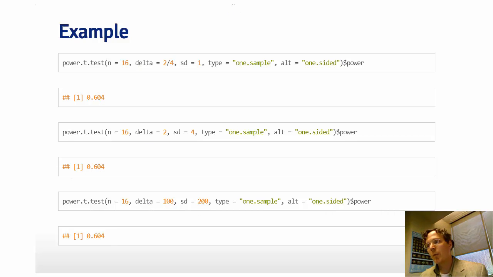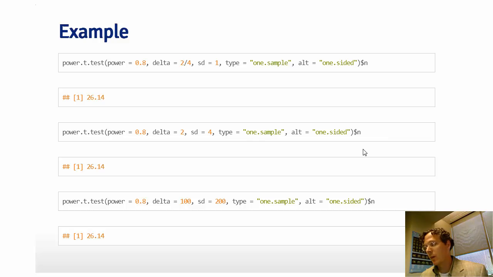Let's go through a couple more examples of using power.t.test. Now, in all of these cases, I calculated power while inputting n, delta, and the standard deviation. Now, let's try to calculate sample size where I give power.t.test the power that I would like. Okay, so now here I'm going to again show you in all three cases that it only depends on the effect size.